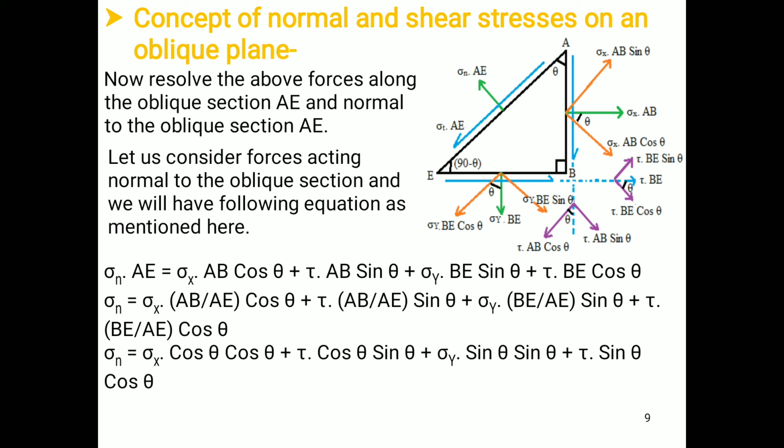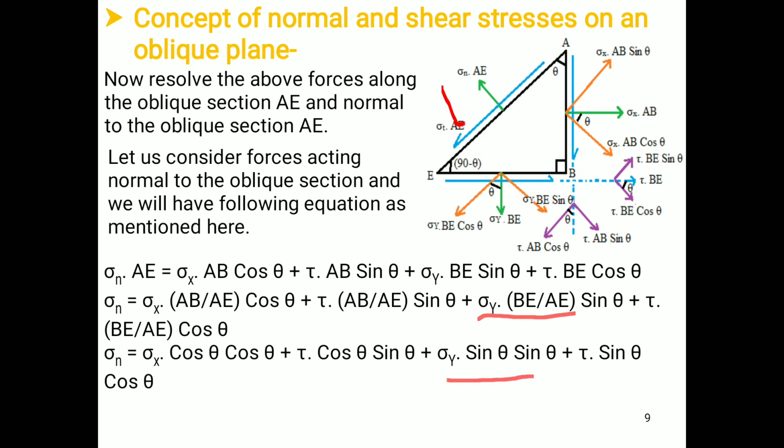In the same manner we have tau into cos of theta into sin of theta, again AB upon AE is nothing but cos of theta. Sigma y into sin of theta into sin of theta, because BE upon AE is nothing but sin of theta.